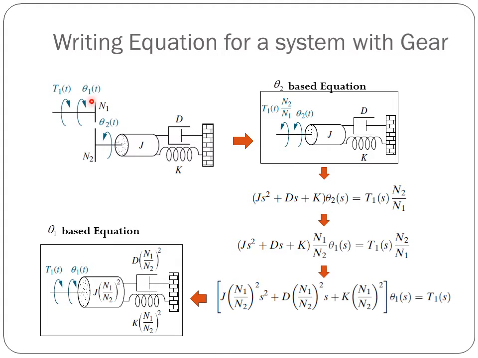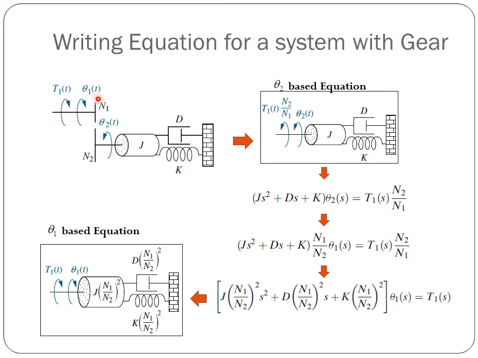But if we have to write the equation based on theta 1, we have to transfer this J from the right side to the left side by multiplying by a constant, which is n1 by n2 whole square. So whatever impedances are on the right side, we have to transfer them to the left side in order to write the equation on the left side.